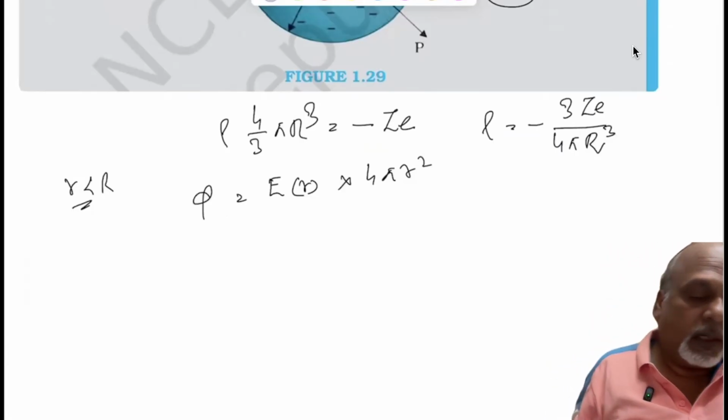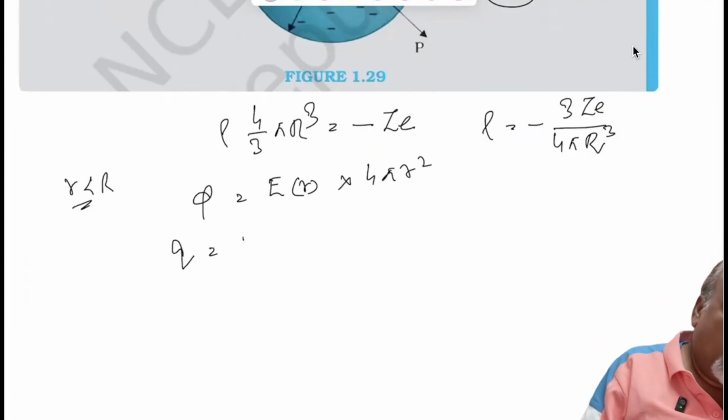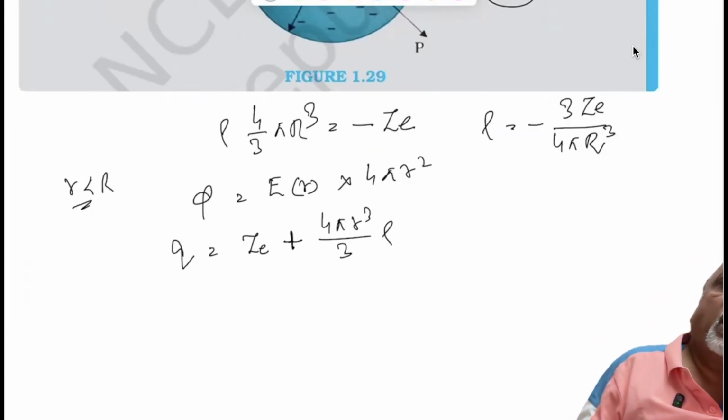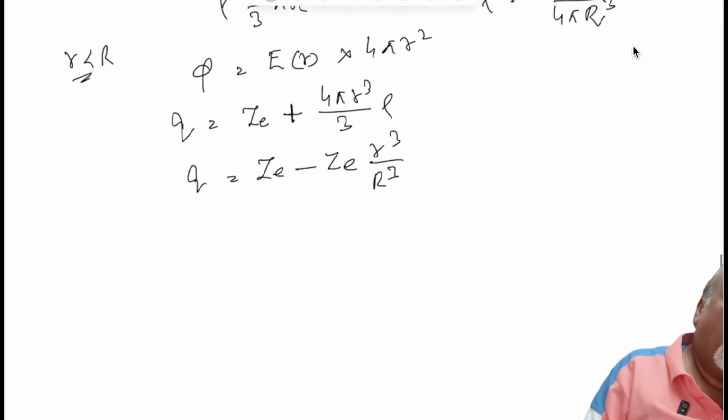What is the Q enclosed? The nucleus is enclosed entirely, so Ze charge is there, plus your negative charge, that is 4 pi r cube upon 3 into rho. If you put the value of rho, this will come as Ze minus Ze r cube upon R cube. This is the charge enclosed.